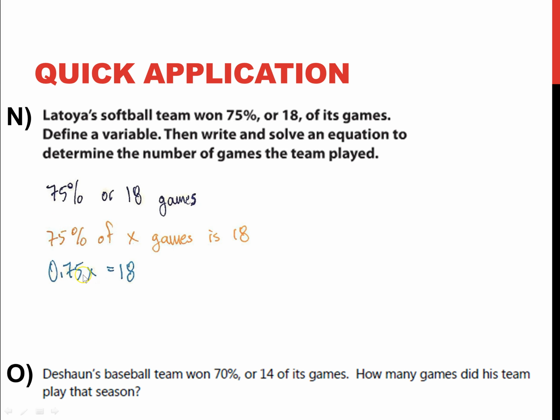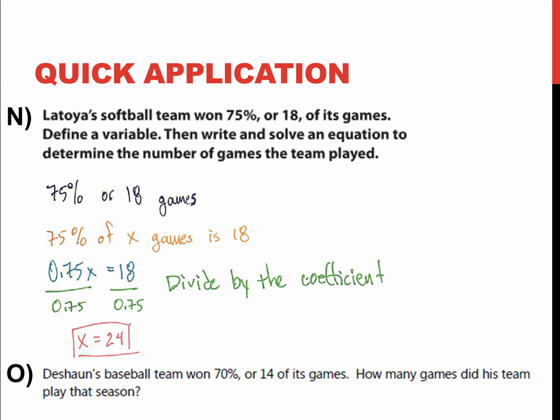And now I have 75 hundredths times X games is 18. Well, this looks like our previous slide and all of those examples, so I'm sure that you can guess. We're going to divide by the coefficient, and that will give us 24 total games that Latoya's softball team played. Now, why don't you pause the video and solve for the total number of games that Deshawn's team played. I'll be here when you get back.